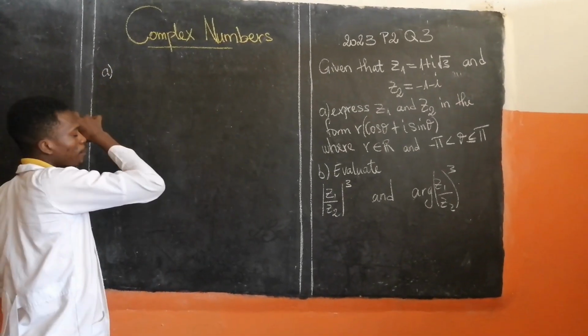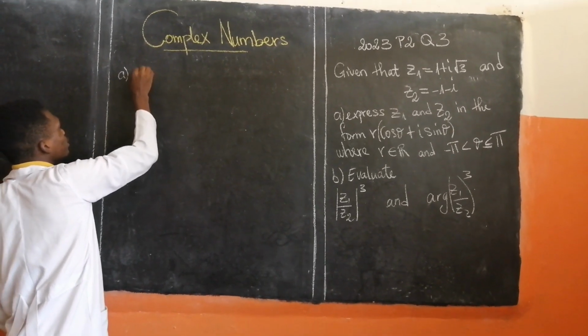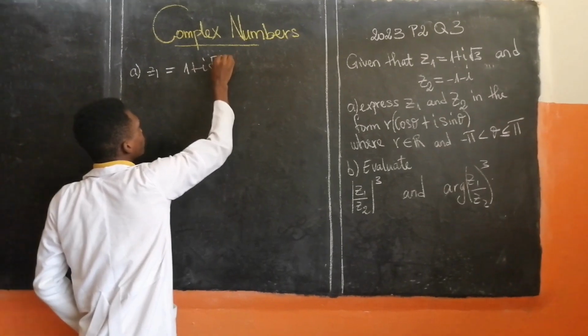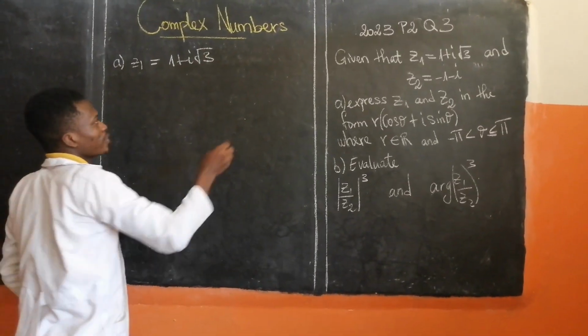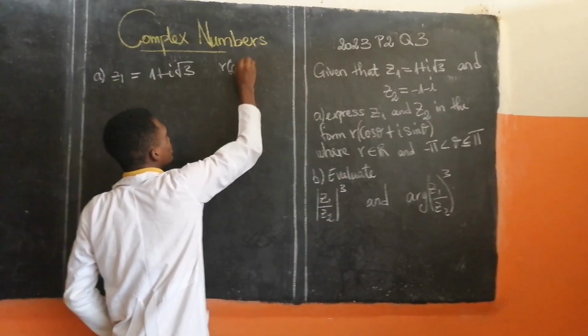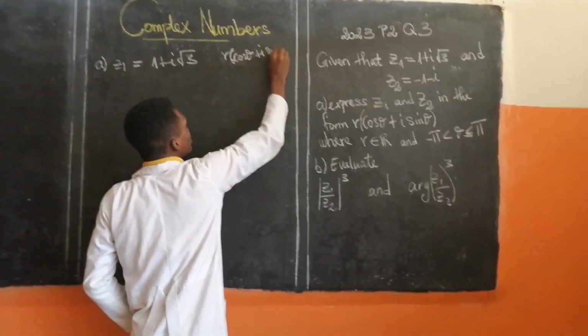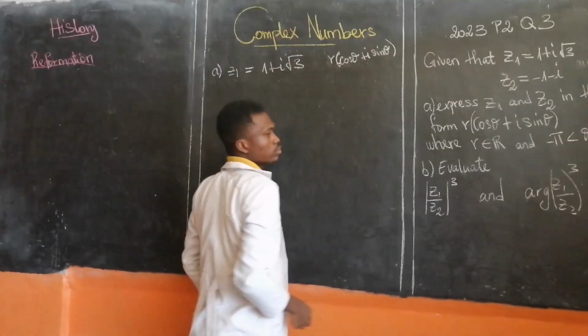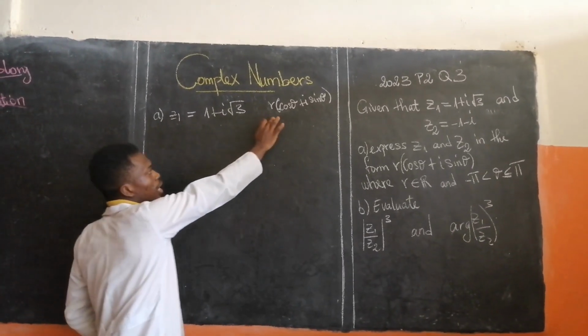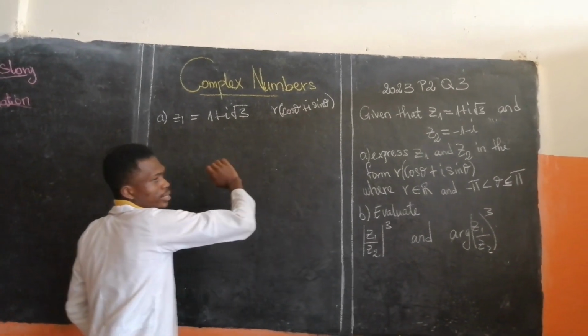We know that Z1 is equal to 1 plus I root 3, and now we have to express it in the form R cos theta plus I sin theta.